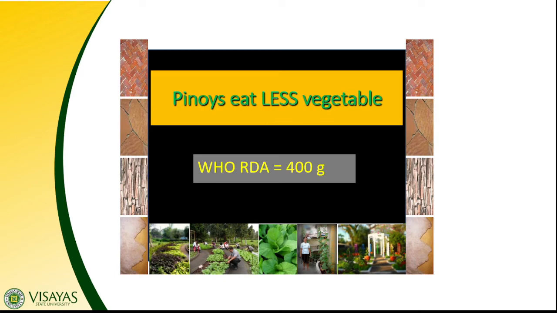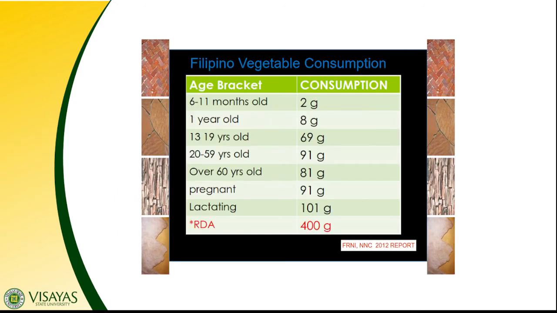According to the World Health Organization recommended daily allowance, we should eat 400 grams of vegetables a day. And look at the vegetable consumption of Filipinos.